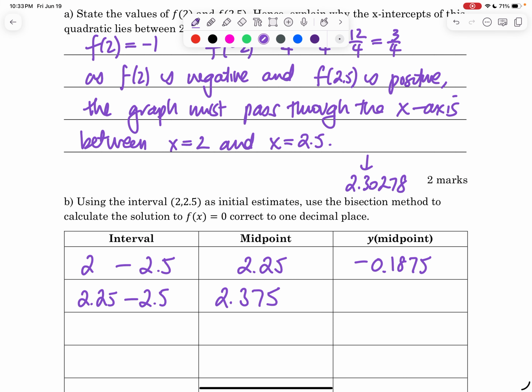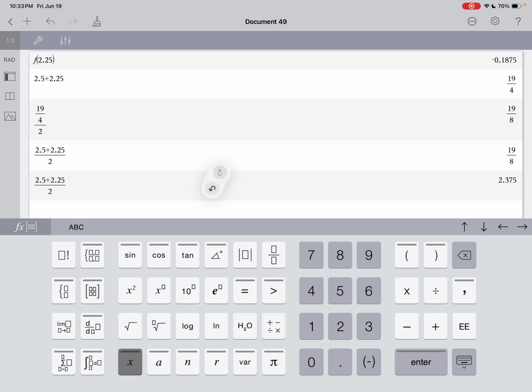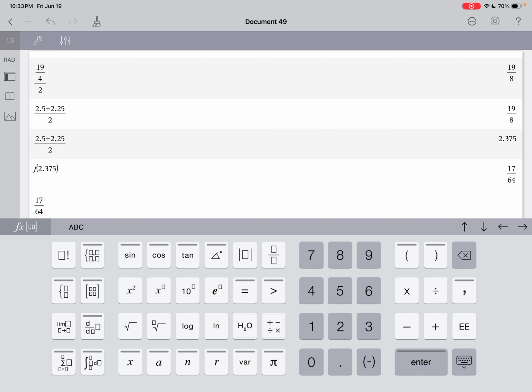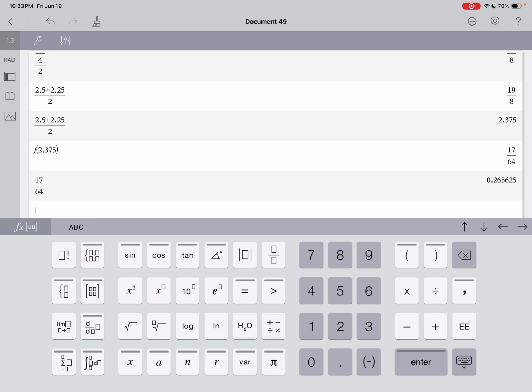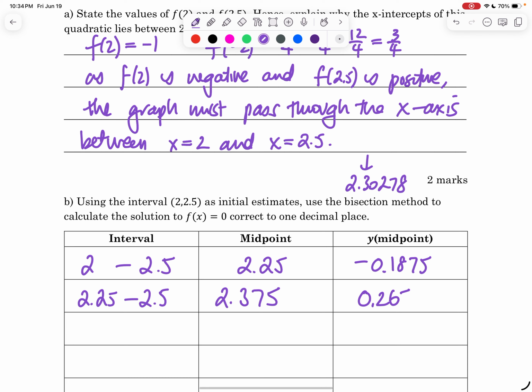F of 2.375 is 0.2656. So now because that's positive, we replace the right end point, so 2.25 to 2.375.